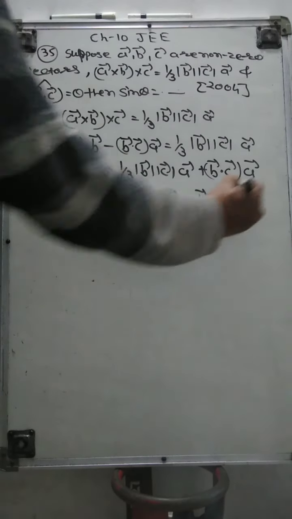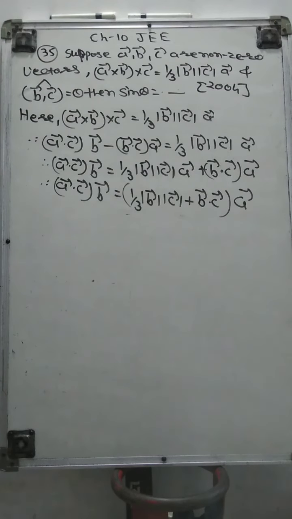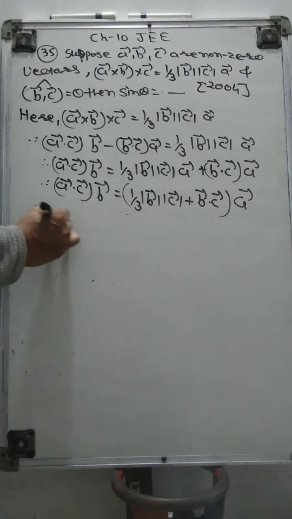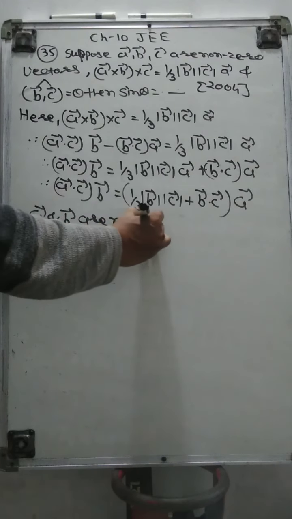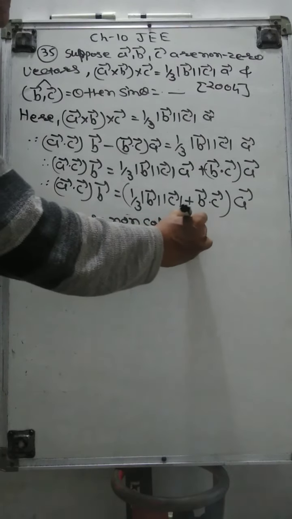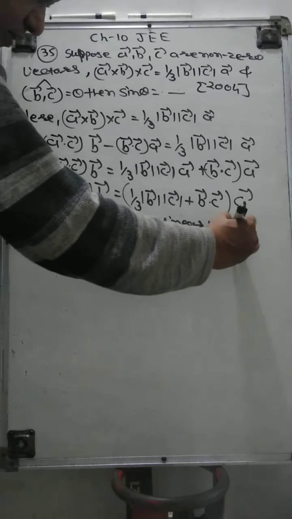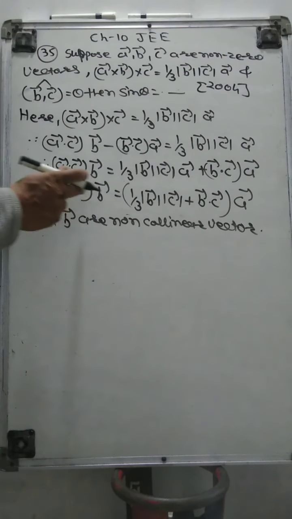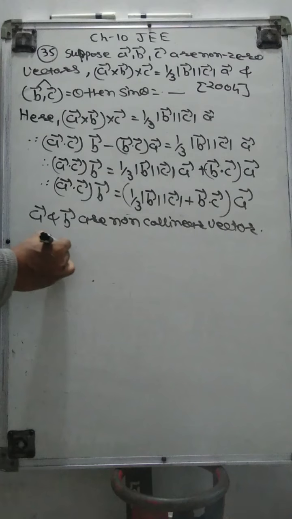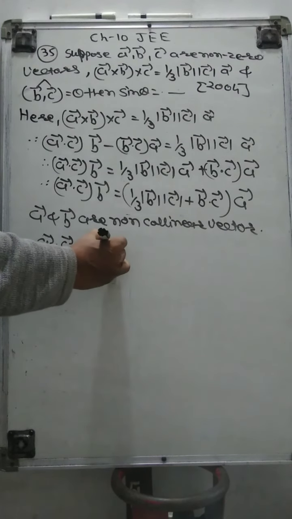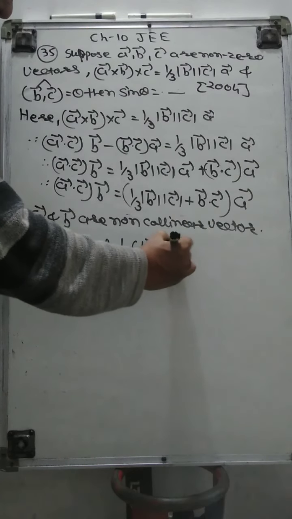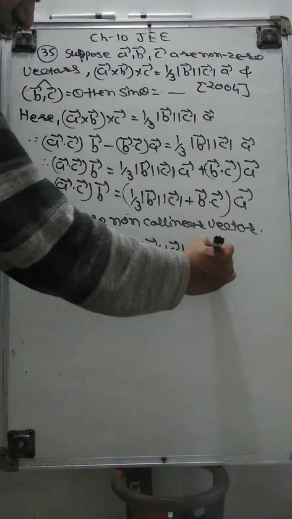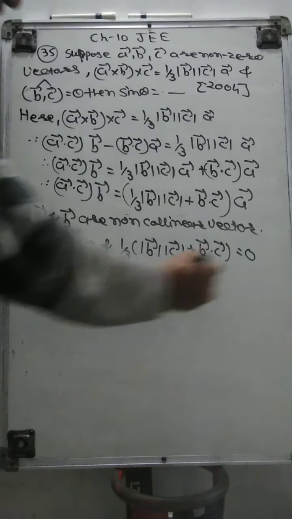Now A bar and B bar are non-collinear vectors. Therefore these coefficients do not become 0 unless A dot C is 0 and 1 by 3 mod B mod C plus B dot C is equal to 0.